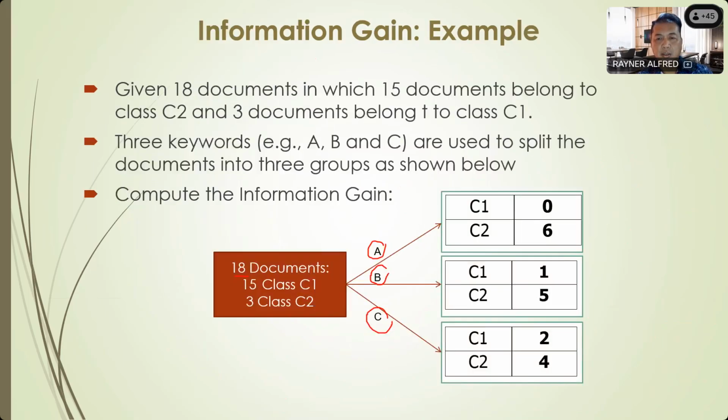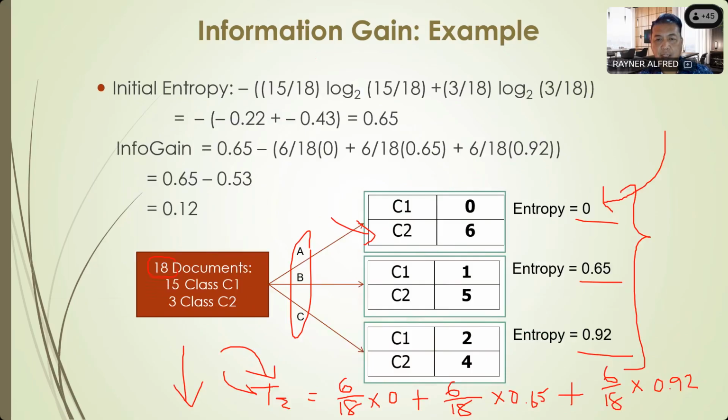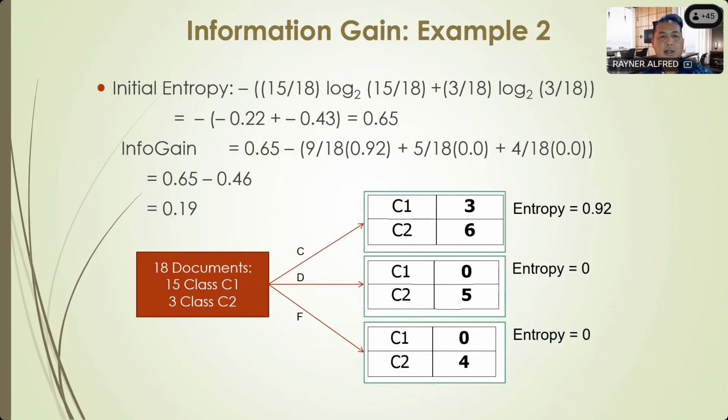Okay. So let me give you another example here. So we have 18, but the composition of number of document is different. So this is 9, this is 5, this is 4. Okay.